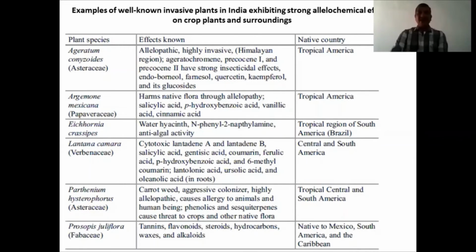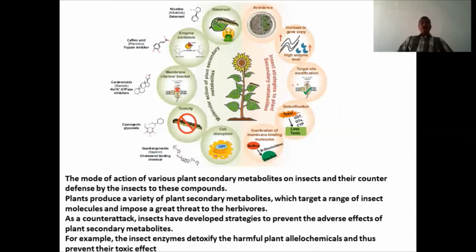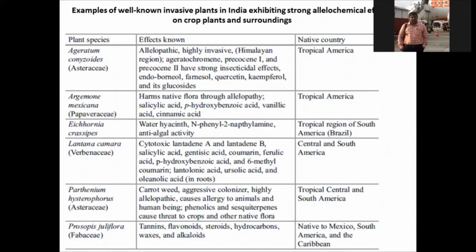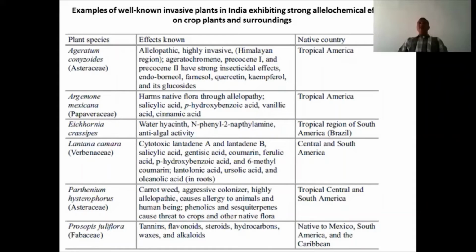I mean to say, these plants will not allow other plants to grow. You might know allelopathy. Suppose we may be friends with some people, and we may not be friends with others. The same happens in the case of plants also. Plants may have a good association with other plants, and sometimes they may not.